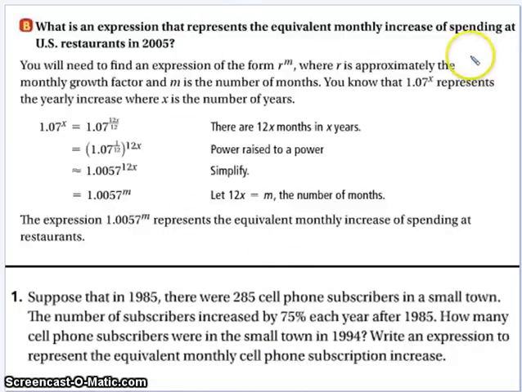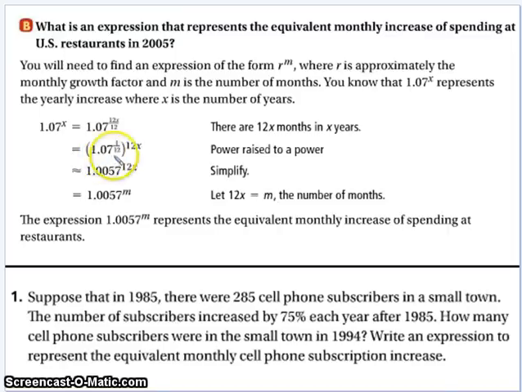Okay, continuing. This one asks, what does it look like as a monthly number? That right there was yearly. So we're asking, how much does it change every month? This one's not that difficult. We have our yearly increase, 1.07 to the power of x. This is 1 times x. We need to know it monthly, so we do 12 over 12, because there are 12 months in a year.